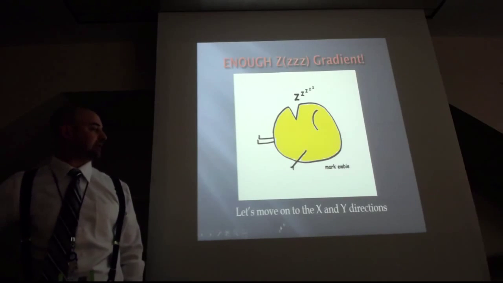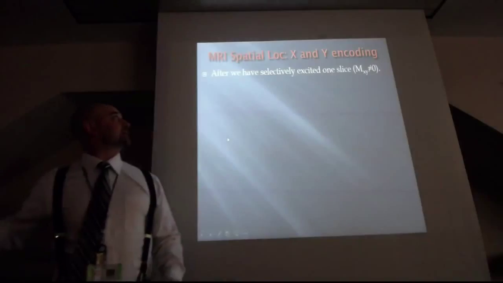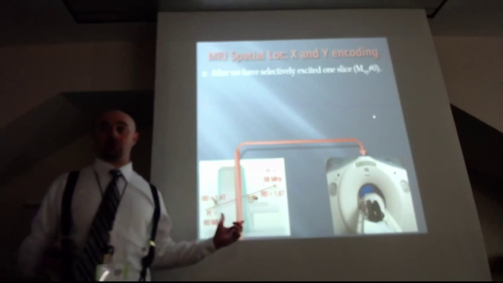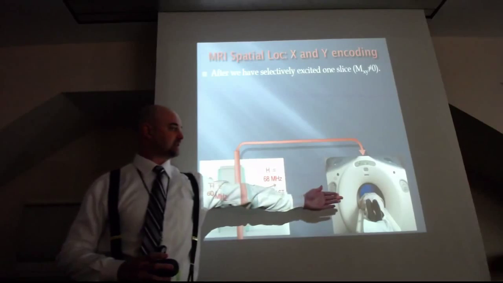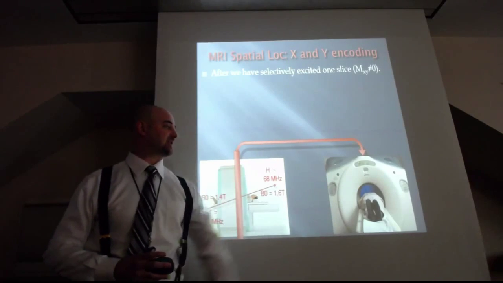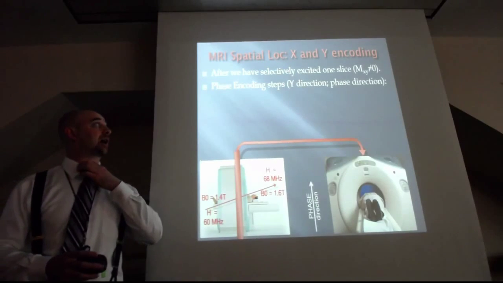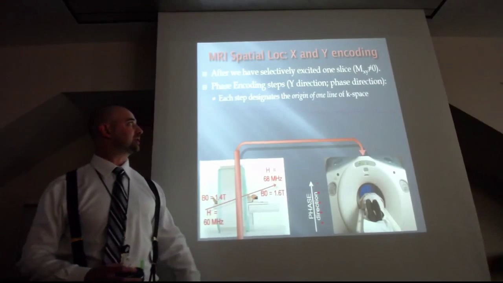All right, good. So we'll move on from Z to the X and Y directions. Okay, now after we've selectively excited one slice along the Z direction, we're going to depict it now like this. So these are going to be our slices in the axial slice. All right, so the phase encoding steps are going to be in the Y direction.